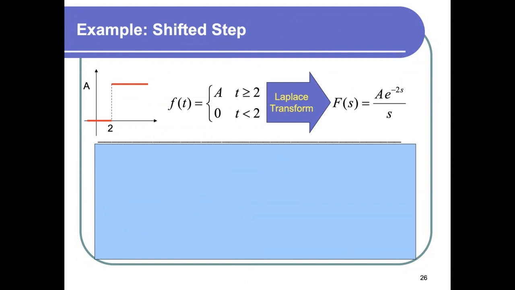So there is a skipped step, so let's try to solve this integral. This part is 0, right? So we're done with this part. We're only left with this part. Now let us solve it.